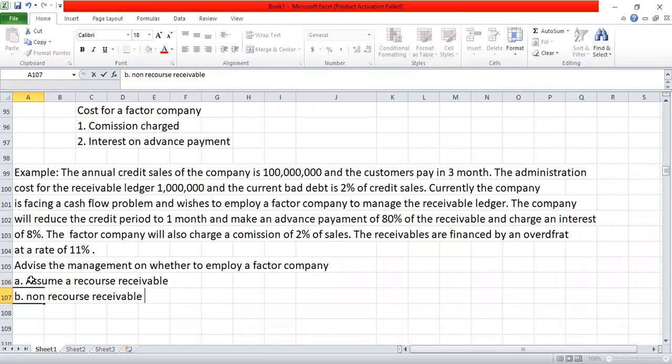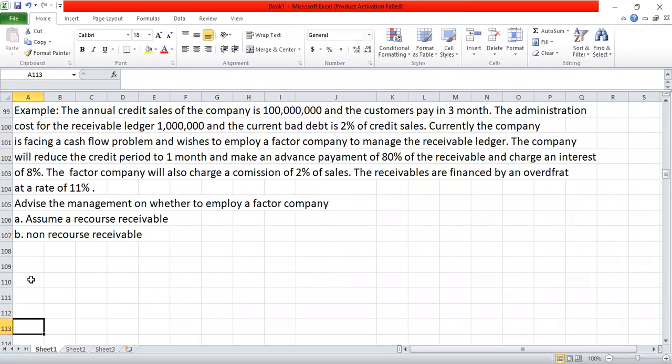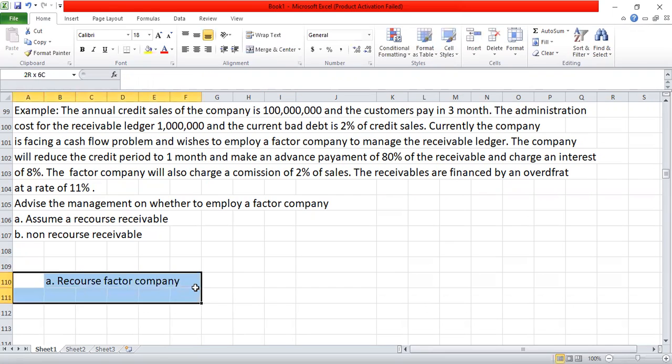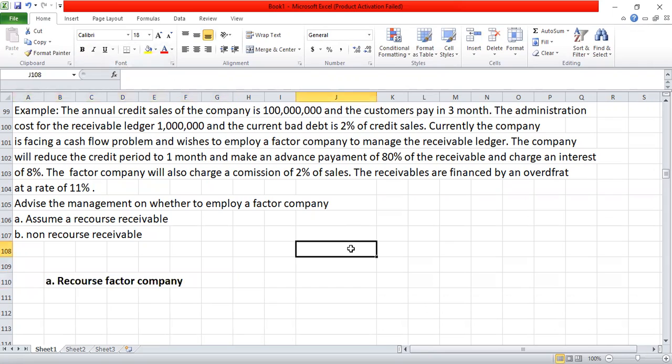Let's assume that. Now, if we are assuming that our factor company is a recourse factor company, part A, for a recourse factor company, we said we don't assume the bad debt.